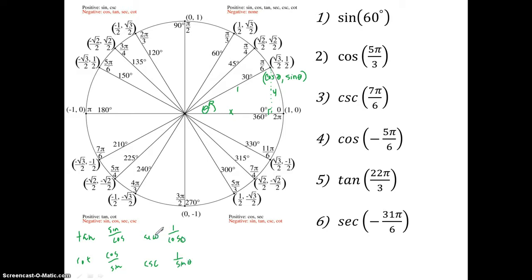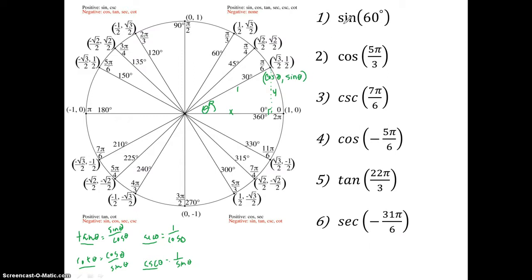Okay, so if we're looking for any of these, tangent, cotangent, secant, or cosecant, we're going to want to use this. But for anything else, we just use our fact that cosine and sine are x and y.